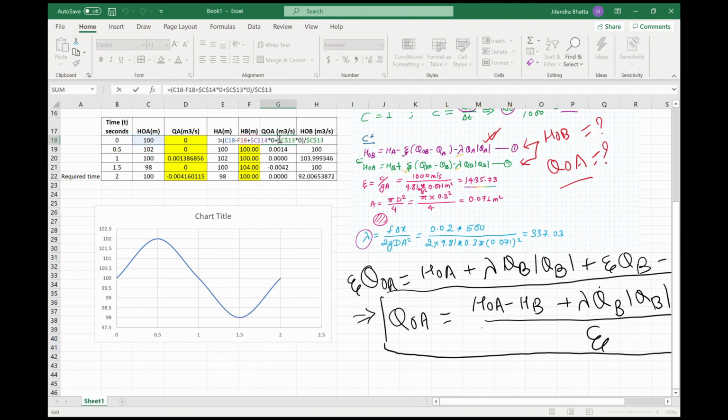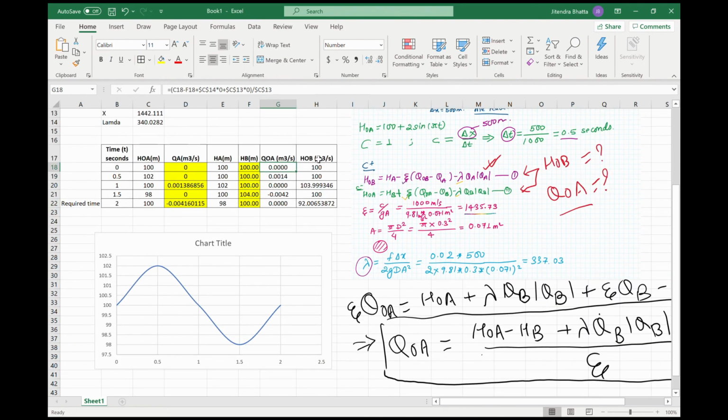And then for HOB, you'll have your HA minus xi times QOB, which is 0, minus QA, minus lambda times QA into absolute QA. You write it here as absolute, and then you can see your values. Now you can just drag it down like this, and then you'll have your solution.